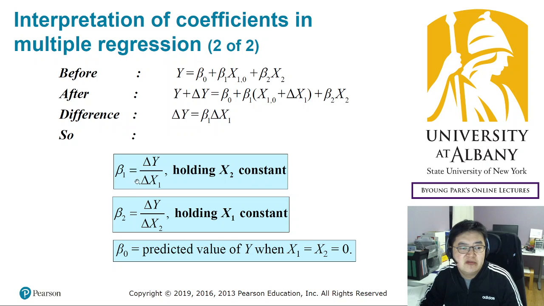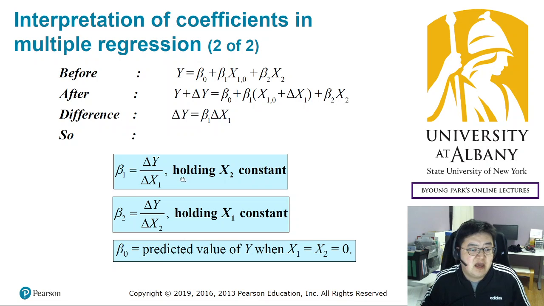So beta 1 is defined this way, which is clear from our definition, and you have to notice that there is an additional condition, the ceteris paribus assumption. And beta 0: in a similar way as in the single regressor case, beta 0 must be the predicted value of y, the expected value of test score, when both variables disappear.